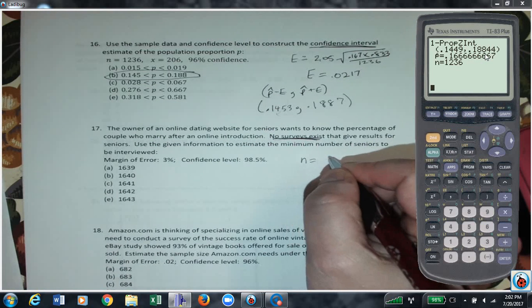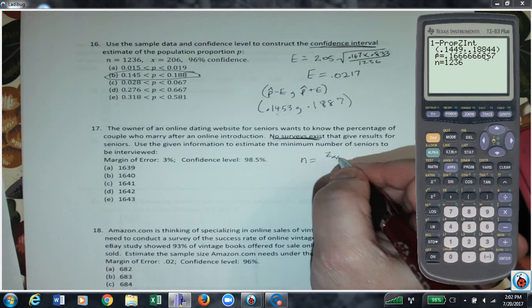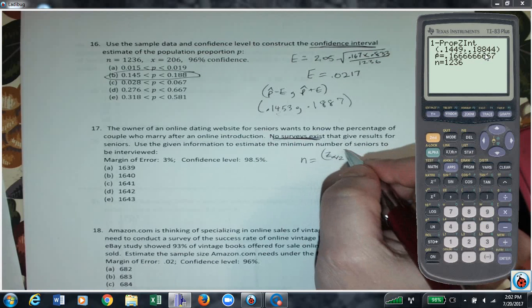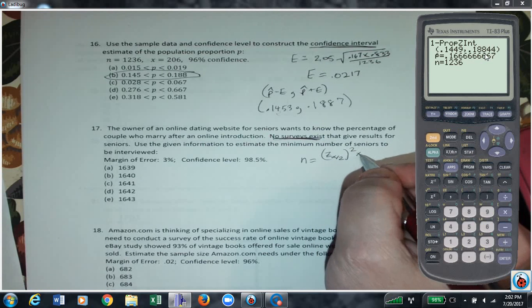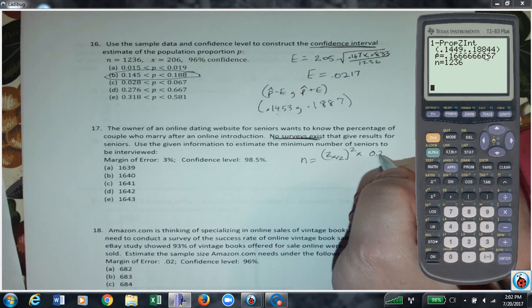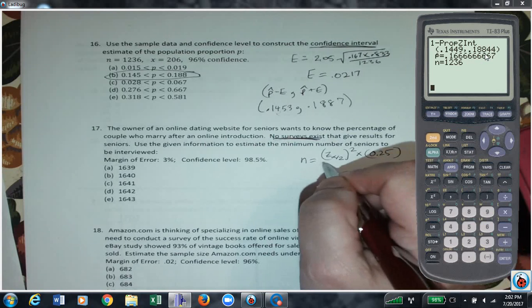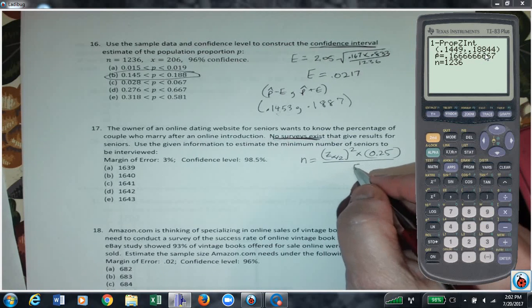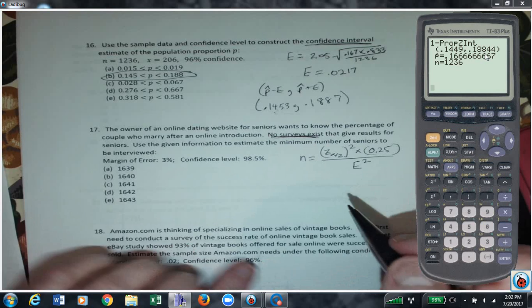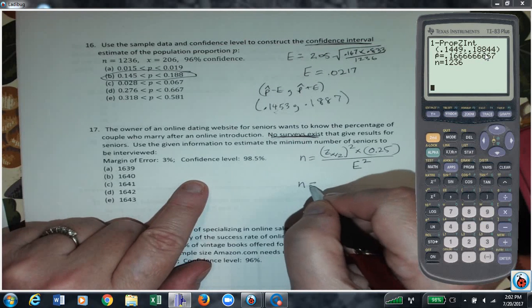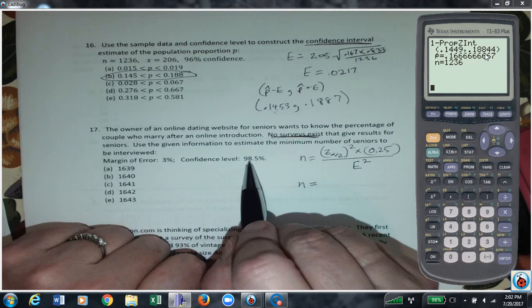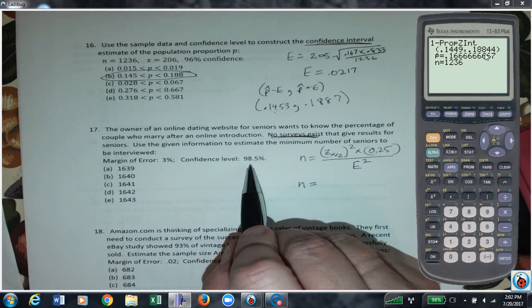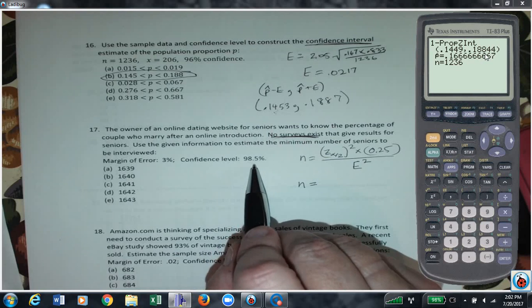So N is going to be the critical value squared times a fourth, all divided by E squared. Okay. Now, our confidence level is 98.5%.